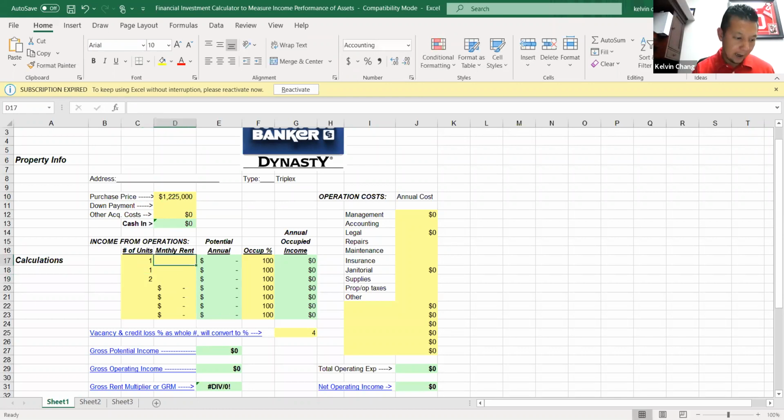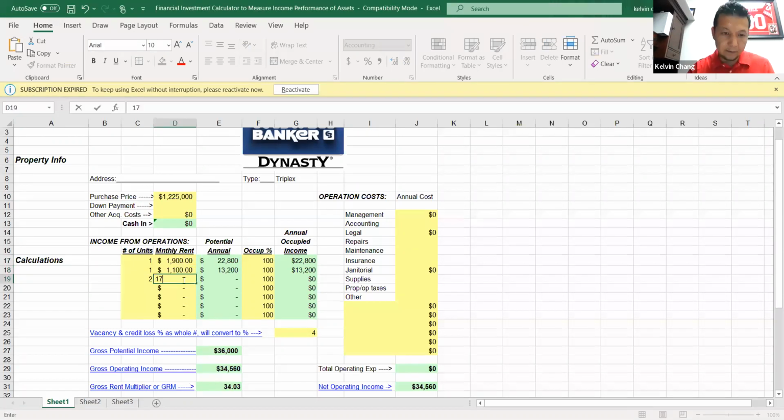Altogether, it was 4 units, and the income is 1950, 1100, 1750, 1900, 1100, 1750. There's 2 of them that are like that.